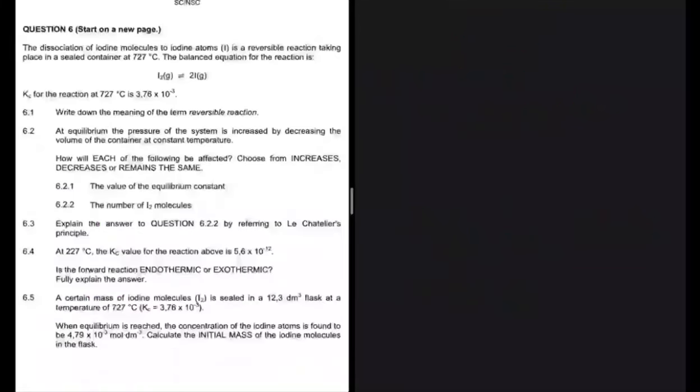There we go. Iodine molecules dissociating to form iodine atoms in a reversible reaction. And then we are given the balanced equation, the Kc, and the corresponding temperature. And then 6.1 says write down the meaning of the term reversible reaction.